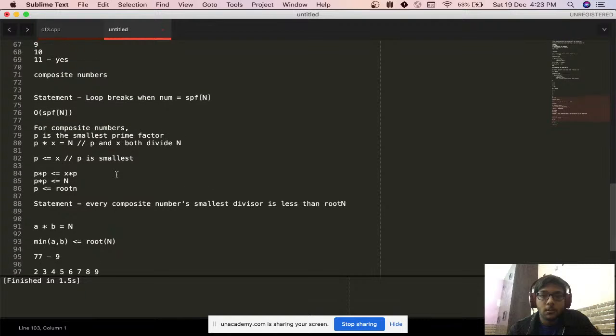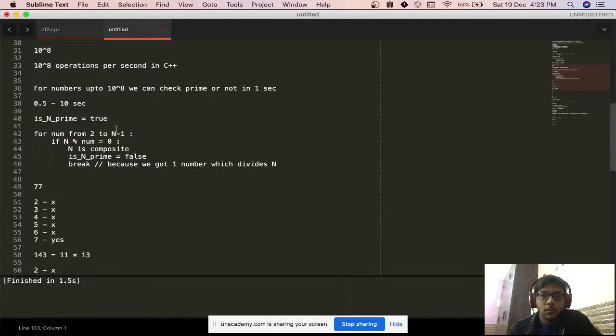So in the case of brute force, we know that we don't need to go up to n. We have to go up to root n only, because if the number is composite, we would definitely get a prime divisor up to here. Otherwise the number is not composite, hence it's prime. So this is going to change: is n composite, we say that it's not, and we check if we get a prime divisor from 2 to root n.